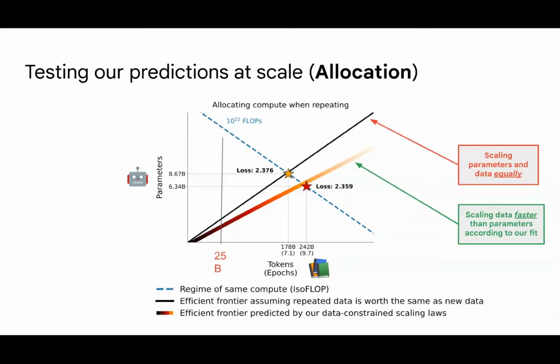The red star represents the point predicted by our data-constrained version of the formula. This repeats the tokens to get 242 billion tokens and trains a smaller 6.3 billion parameter model. Given the same amount of compute, our approach achieves a better loss.